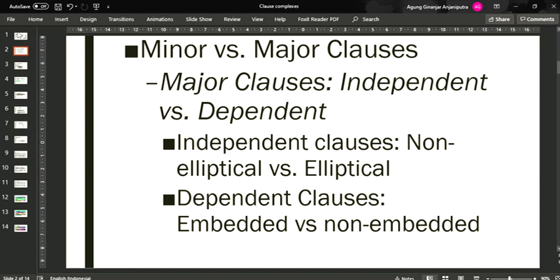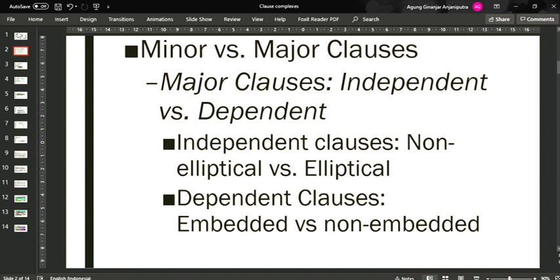So when someone says, "where were you born?" and the answer is "I was born in Semarang," that's non-elliptical, but if you answer only "in Semarang," that's elliptical. Or for example, "have you had breakfast?" "Yes." So "yes" is elliptical, but the question is non-elliptical.